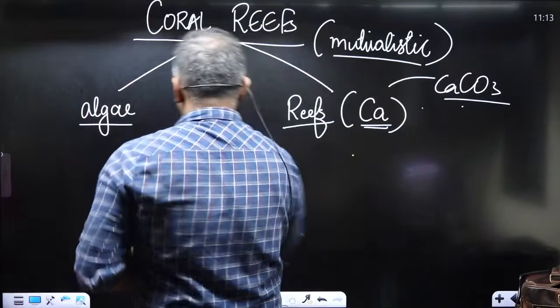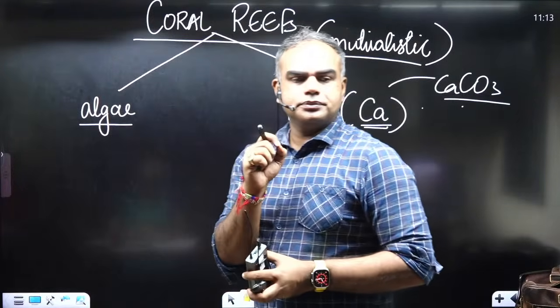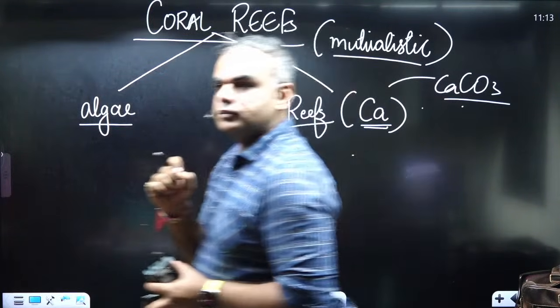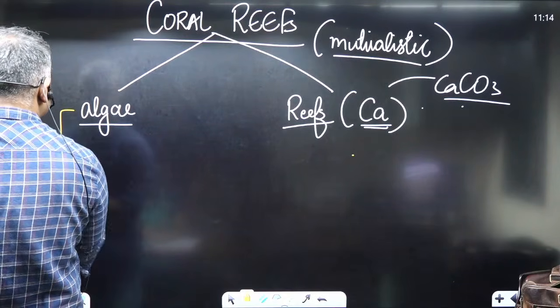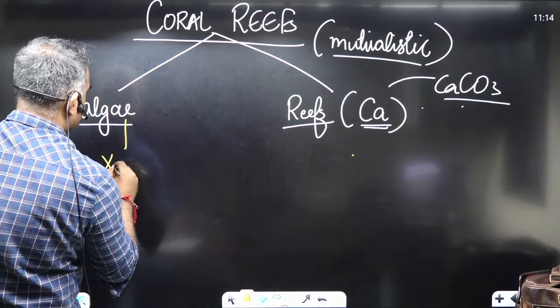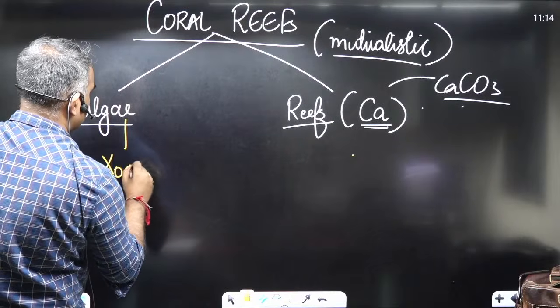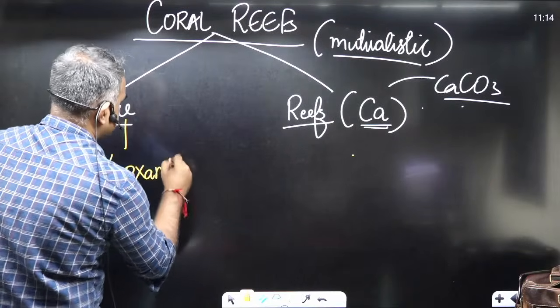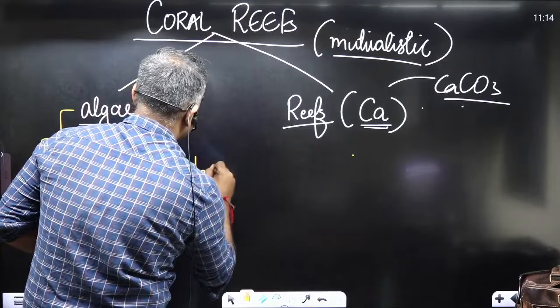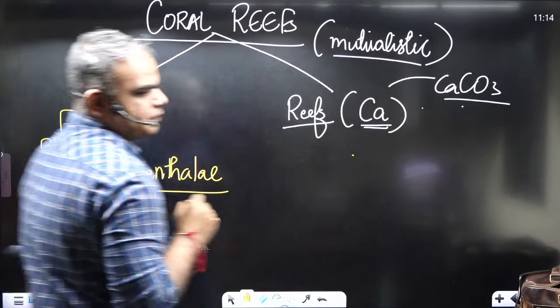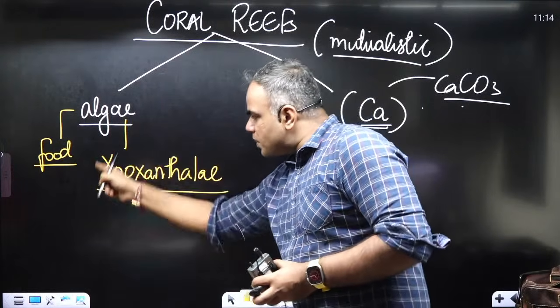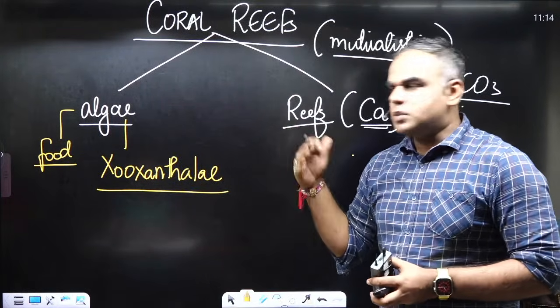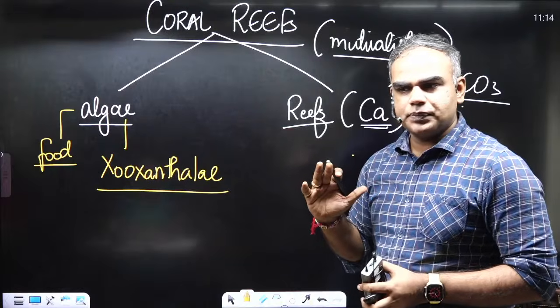Now, what will be the work of algae? Photosynthesis. Now, a specific one, zooxanthellae. Zooxanthellae here is the name of the algae. ठीक है, थोड़ा सा complicated name लग रहा होगा अभी के लिए, but with time you will internalize it, right?